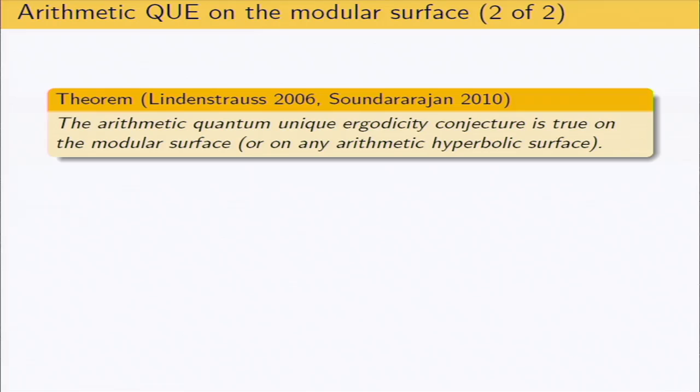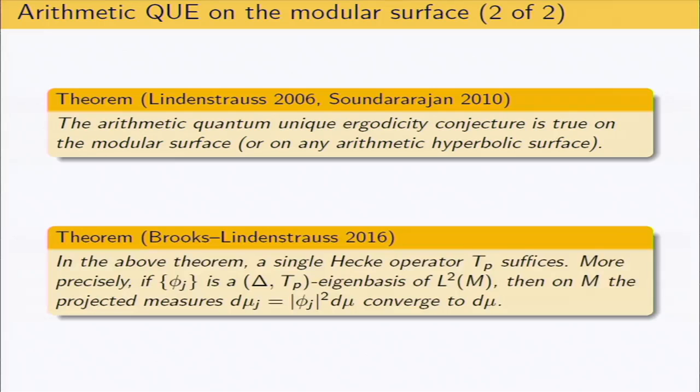I don't have time to go into any of the ideas of this magnificent work. Let me just say that there is a lot of number theoretic input that goes into the theorem. In particular, nice calculations with Hecke eigenvalues, similar to related problems like the sup-norm problem, the amplification method, and so on.